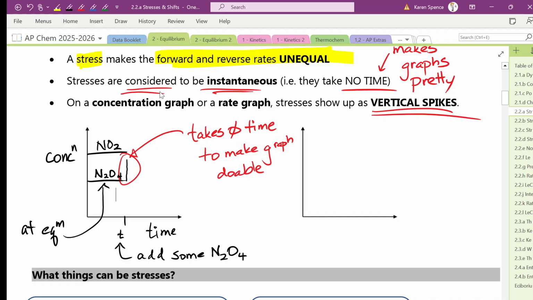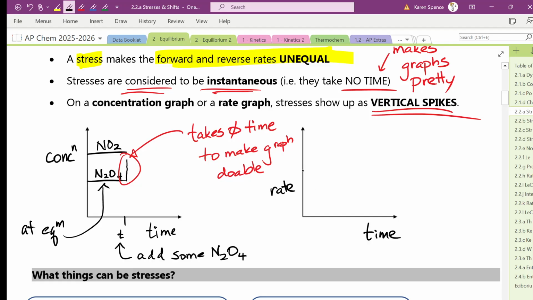All right. We also have a rate diagram. So that's going to be rate versus time. And if we are originally at equilibrium, what do we know about the forward and reverse rate? They are the same.